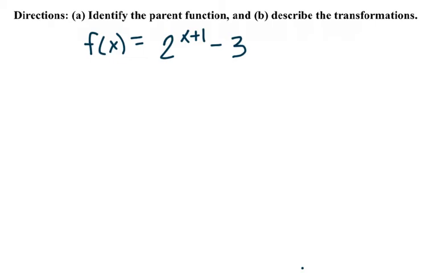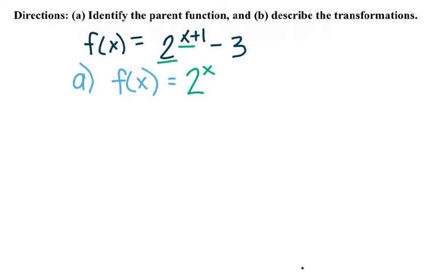Okay, so the first thing we're going to do is A, identify the parent function, and B, describe the transformation. So the parent function, remember, that's what it is like before you did anything to it. So usually I say you would just take all the numbers away. However, because this is an exponential, you definitely need to keep the base and the actual exponent.